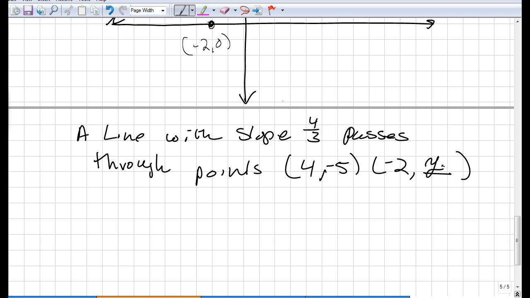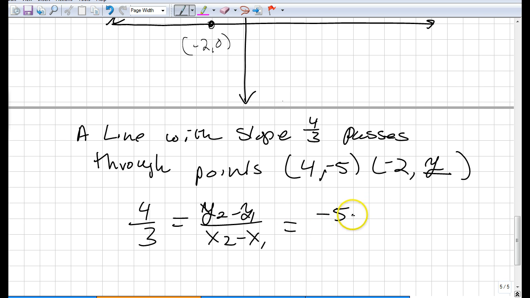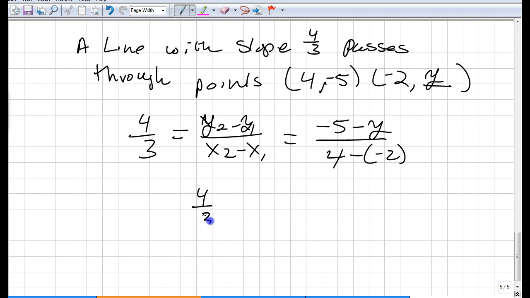Well, all we do is use the slope formula, because we know that this came from y2 minus y1 over x2 minus x1. So it would be -5 minus y over 4 minus -2. So 4/3 has to equal -5 minus y over 6.